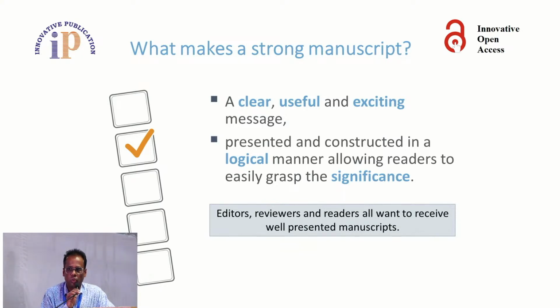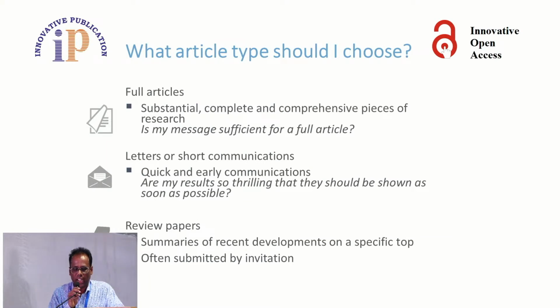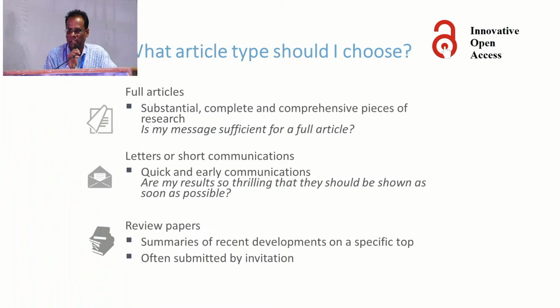It should be presented and constructed in a logical manner, allowing readers to easily grasp the significance, which is useful for editors, reviewers, and readers. So when we are writing any manuscript, it should be constructive and clear about what I want to tell readers and what readers can read.